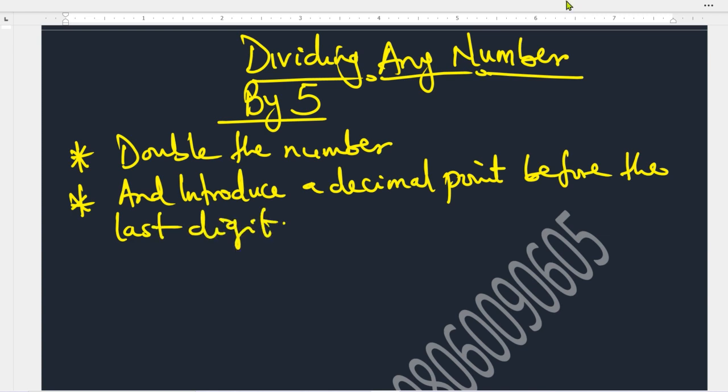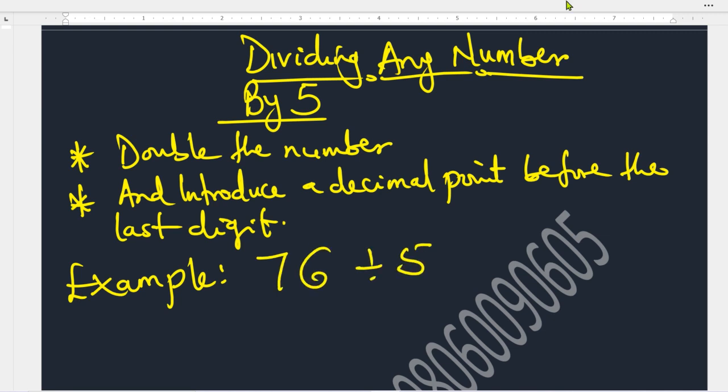Okay, before the last digit. When dividing any number by 5, double the number and introduce a decimal point before the last digit. Now look at this example. I'll be giving you only one example just to show it to you. So let's say, how do we divide 76 by 5?